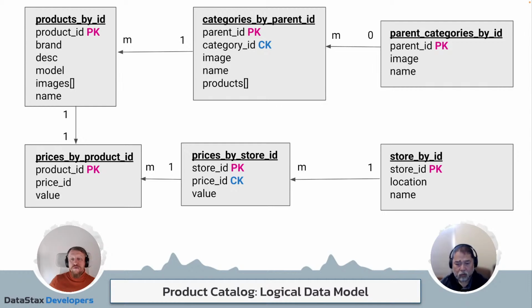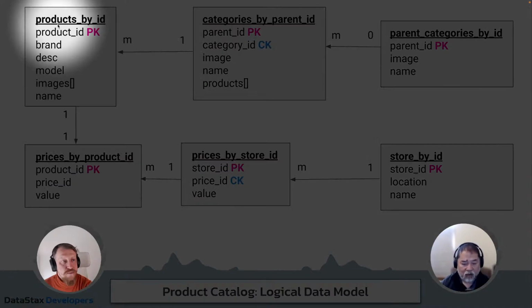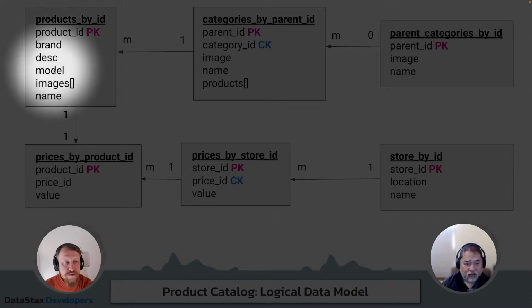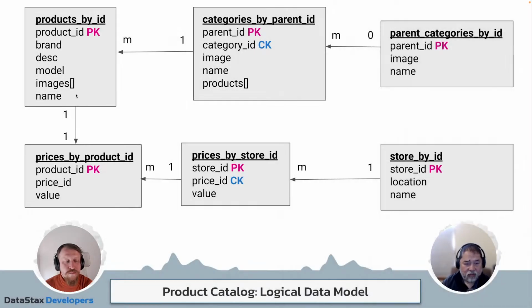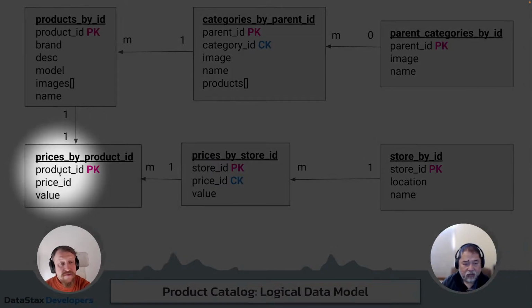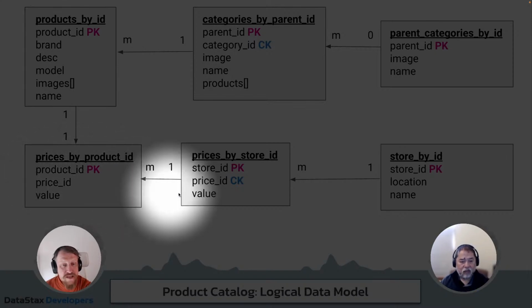We are thinking of the items we are going to have, or like units we are going to have, entities, better to say. We are going to query products by their IDs. So we start thinking about product by ID with brand, description, model, and so other properties we might need. One product might have prices, more than one actually, but for now we describe it like that.